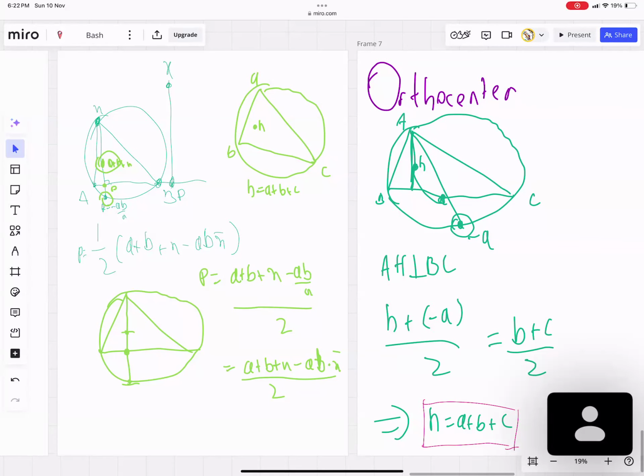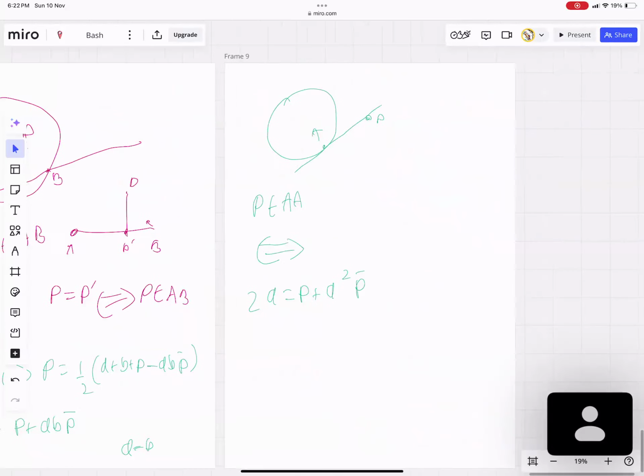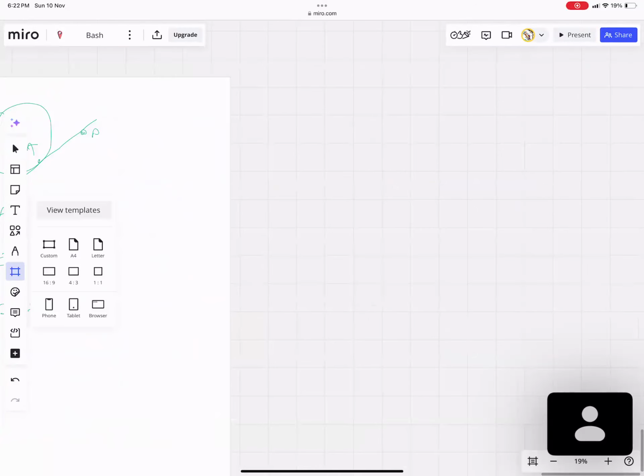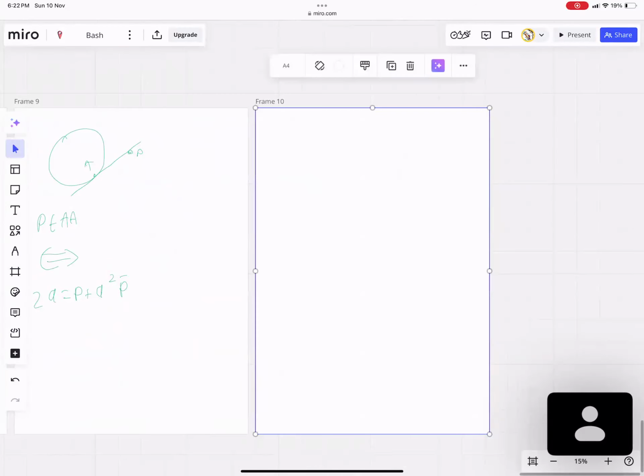Okay, now I move on to our first problem. I'll copy paste 2 problems. No, I'll actually just put one for now.